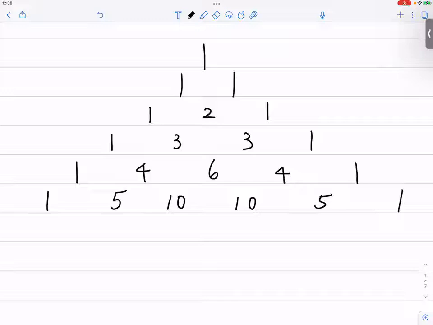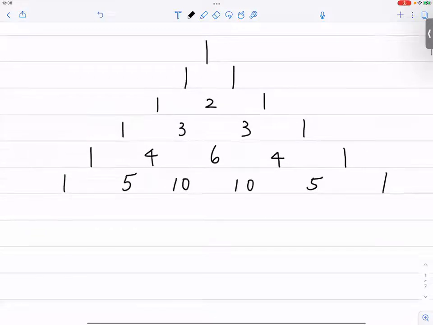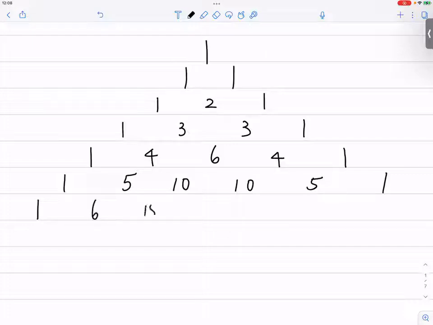How many of you think that you have the pattern figured out? All right, if you think you have the pattern figured out, what's the next number? 6, and then 15, and then 20, and then 15, and then 6, and then 1.